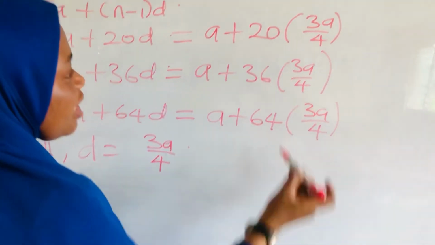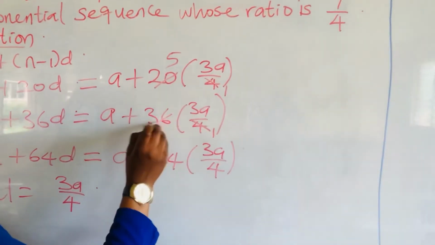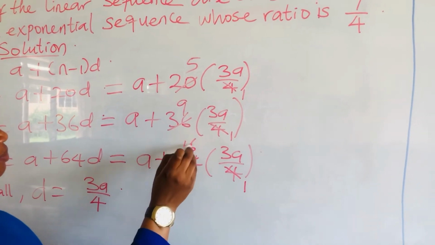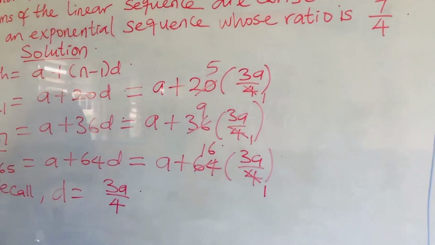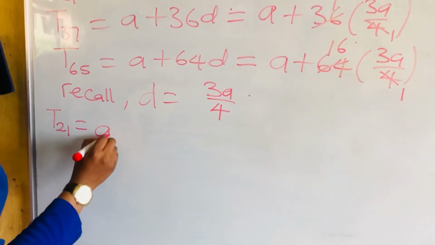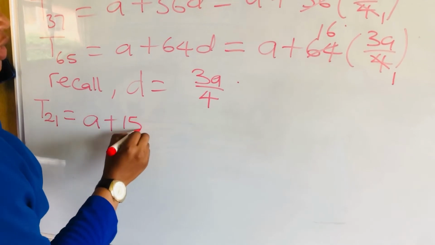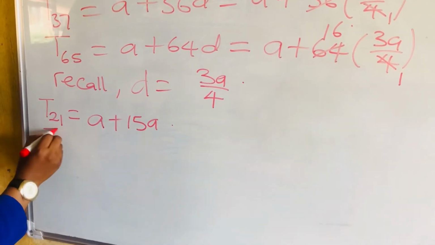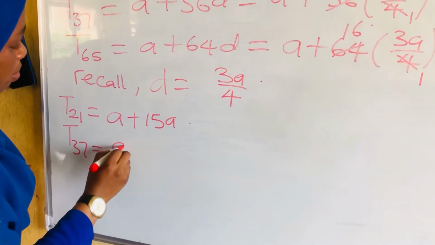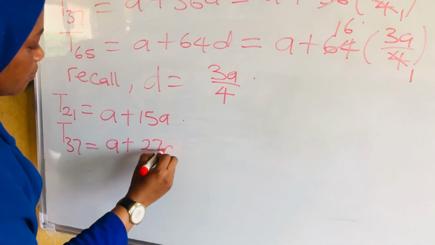So let's simplify. 4 here 1, 4 here 5, 4 here 1, 4 here 9, 4 here 1, 4 here 16. So the 21st term will be equal to a plus 5 times 3a, 15a. 37th term will be equal to a plus 9 times 3a, 27a.